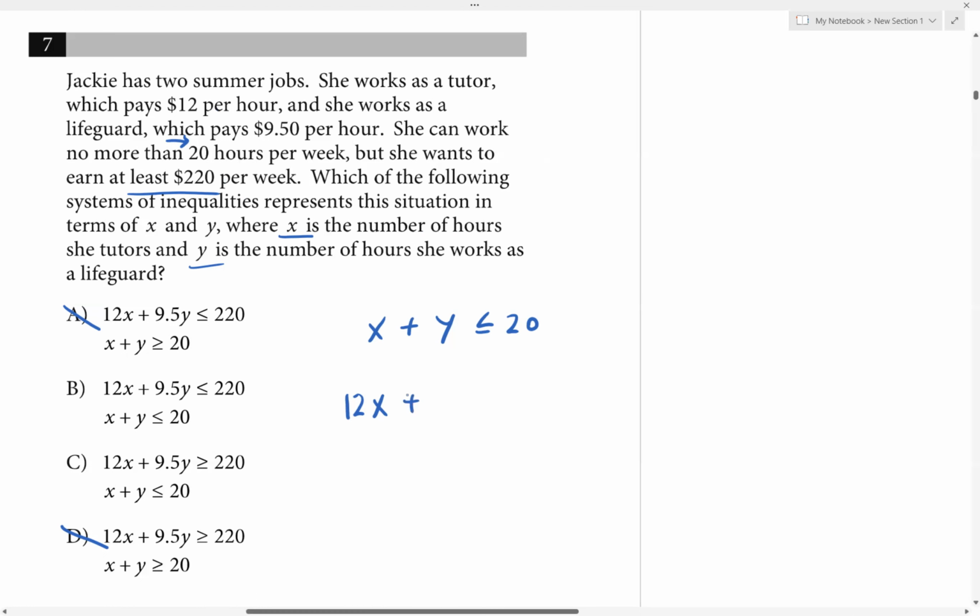And then plus how much for lifeguard and 9.5 per hour. So it'll be 9.5 times Y. So this total amount had to be at least 220, so greater than or equal to 220. Okay, so that will be our second inequality, which matches with letter C here. Okay, so that should be our final answer for this one here.